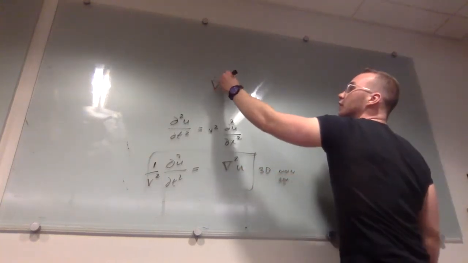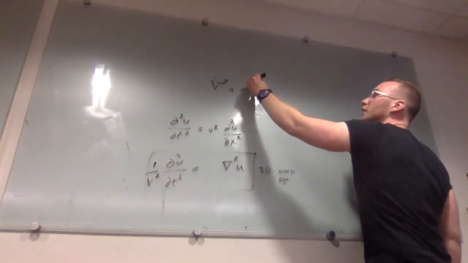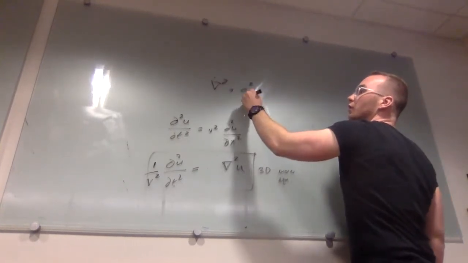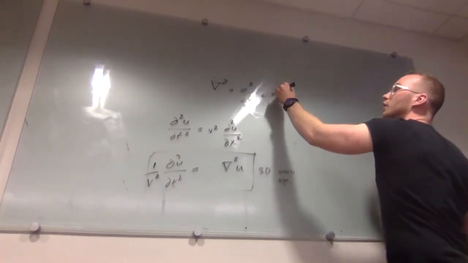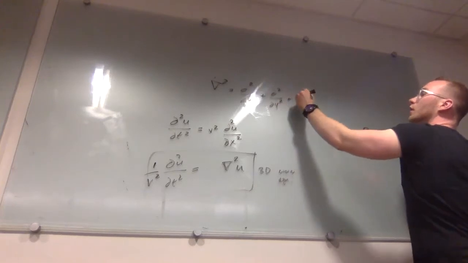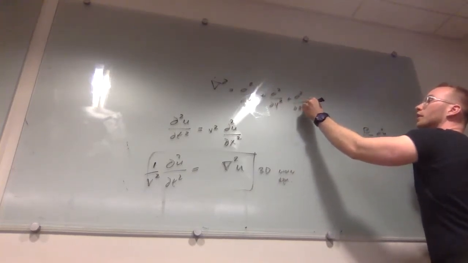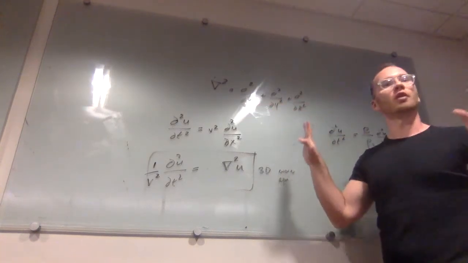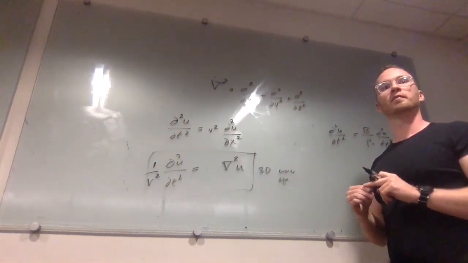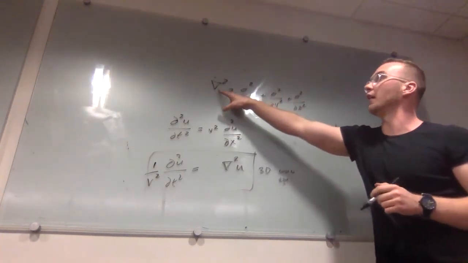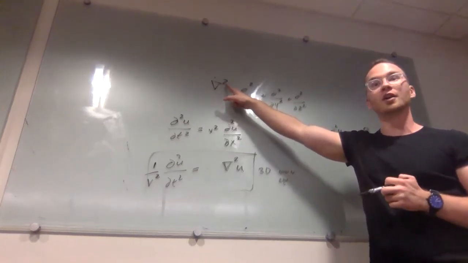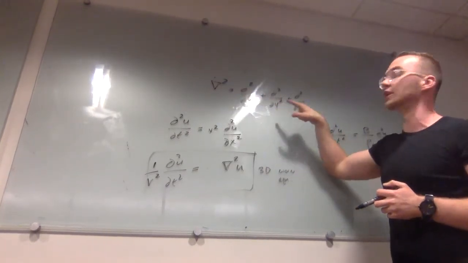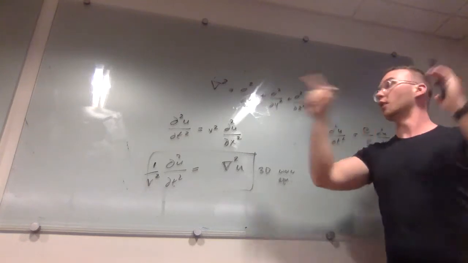So this is an upside down, right side up triangle. This is an operator, a differential operator. It's just the derivative in all directions. Del with no square is just a vector with this and this.